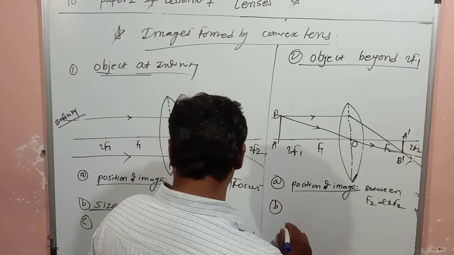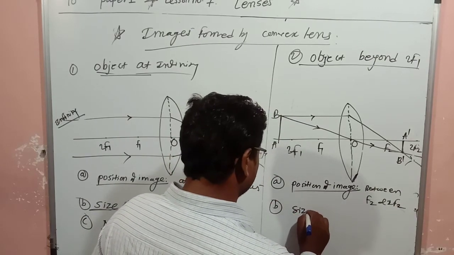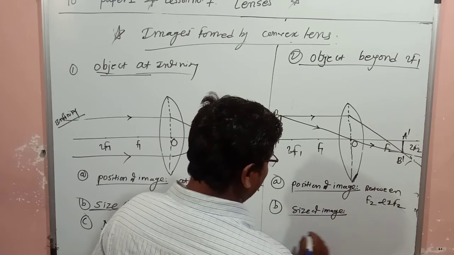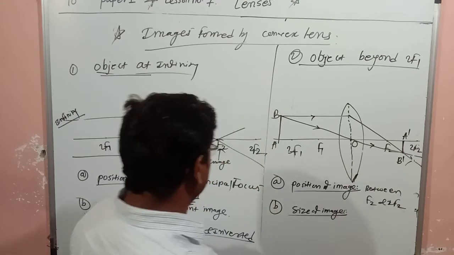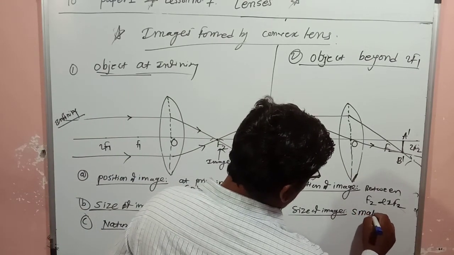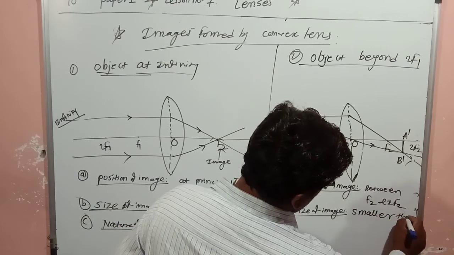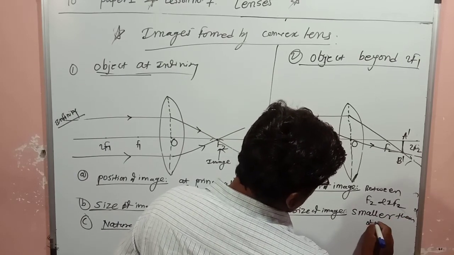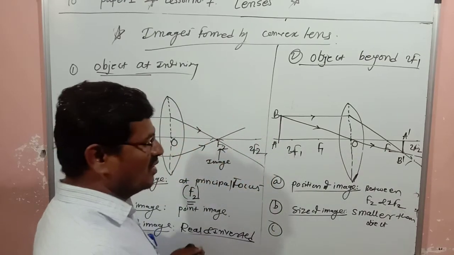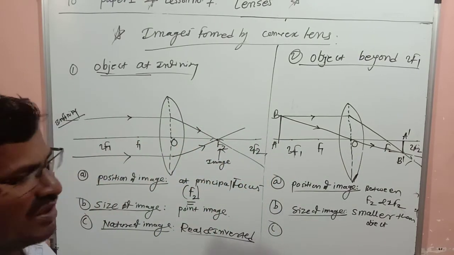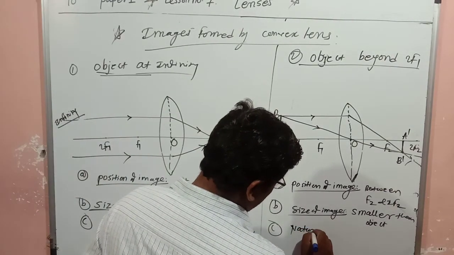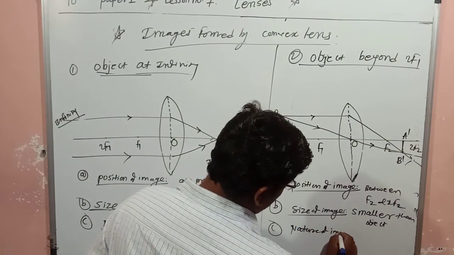The second point is the size of the image. What is the size? Smaller than the object. And the third point is the nature of the image.